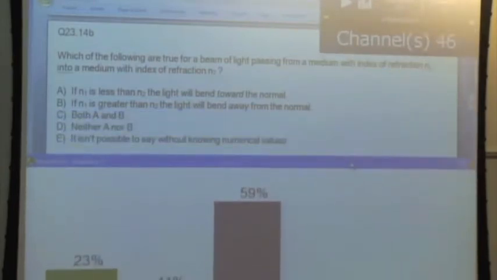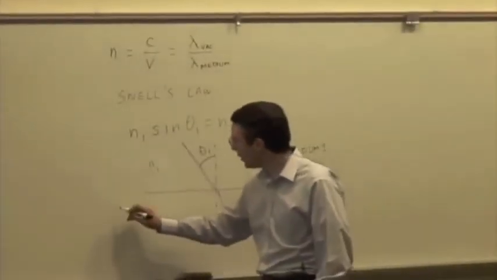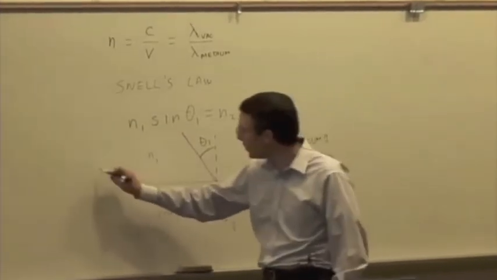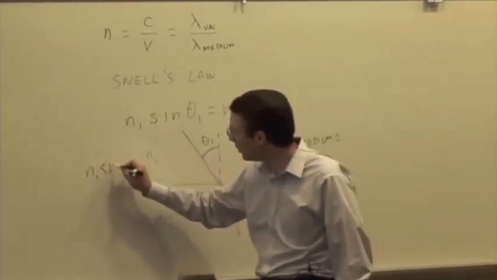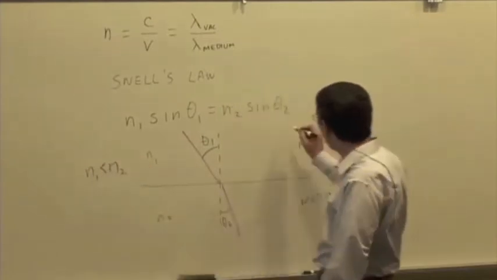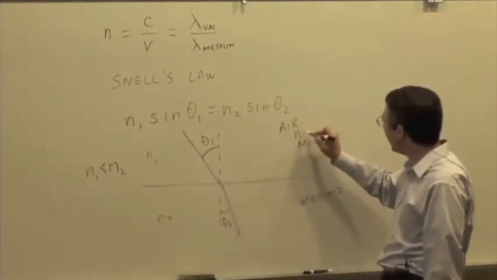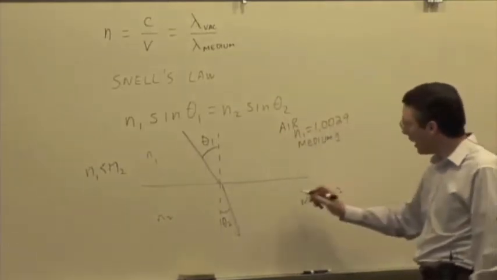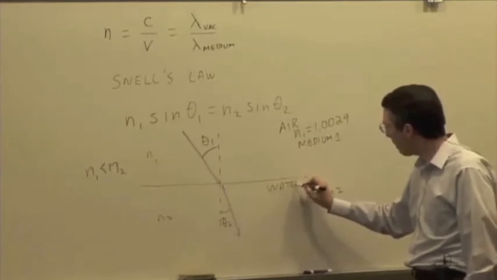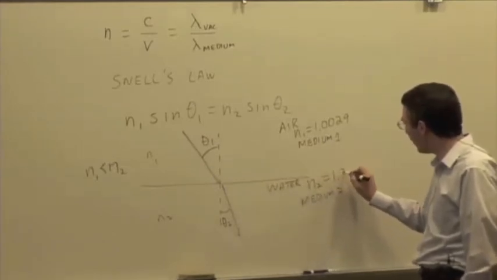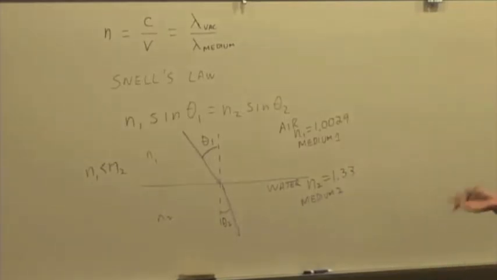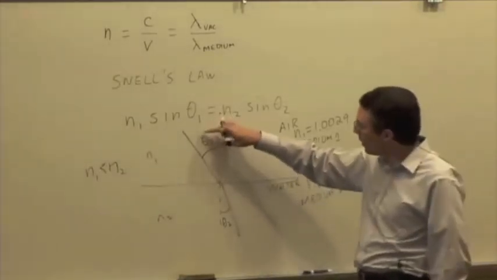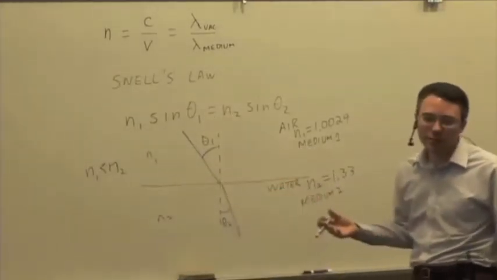It's certainly true that if n1 is less than n2, for example, if this were air with an index of refraction n1 equal to 1.0029 or thereabouts, and this were water, n2 being about 1.33, here's a case where n1 is less than n2, and you would in fact see the light ray bent towards the normal.